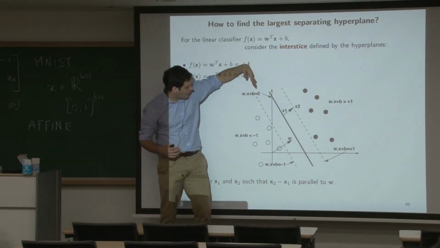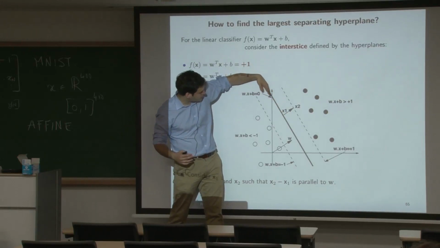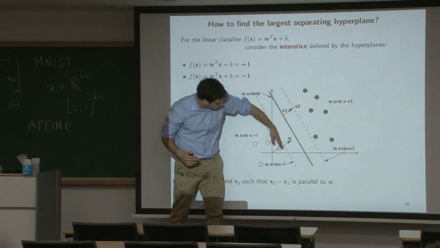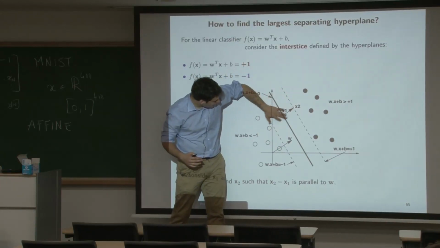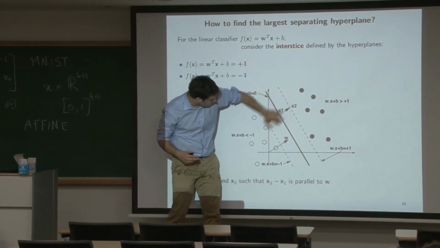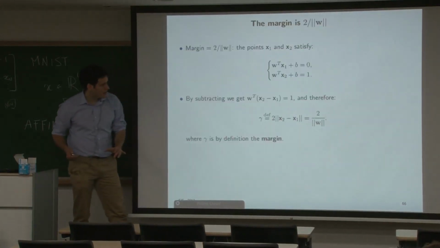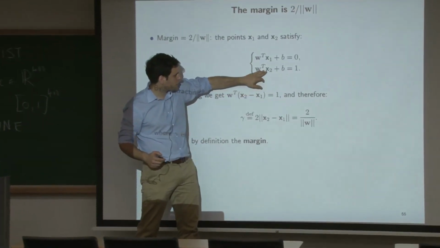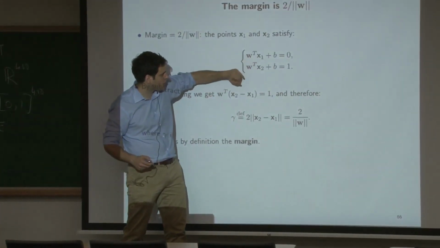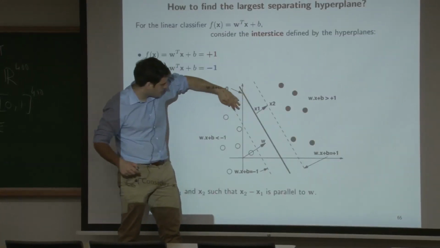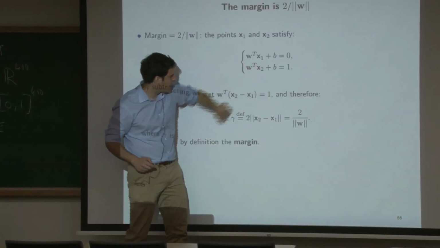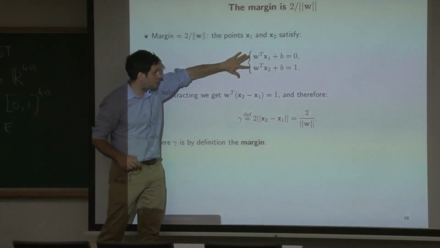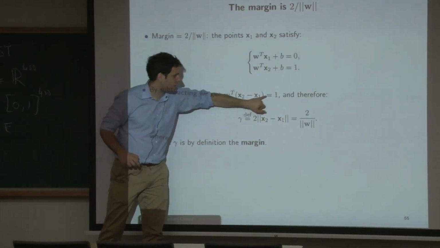Just say that a hyperplane is defined as w transpose x plus b equals 0, w transpose x plus b equals 1, w transpose x plus b equals minus 1. The width of that tube is twice this distance here. And if you take a point x1 and x2 such that x2 minus x1 is collinear with w, and x1 is here and x2 is here, then it's very easy to see that if you subtract these two, w transpose (x2 minus x1) is equal to 1.